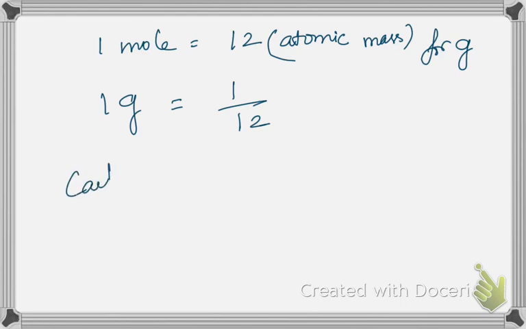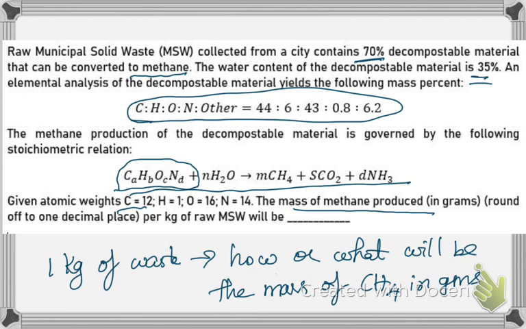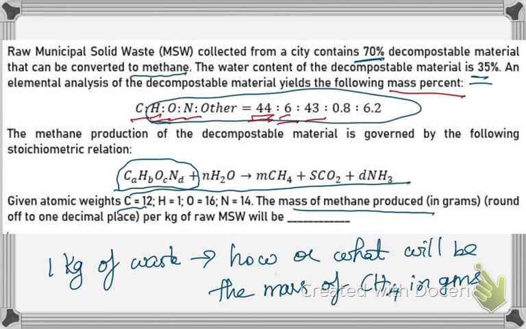So the mole of carbon A will be equal to, see here, the ratio is given as 44, that is the mass percent is 44. For hydrogen it is given as 6, for oxygen 43, and nitrogen 0.8. So this is what we are going to use in the problem.